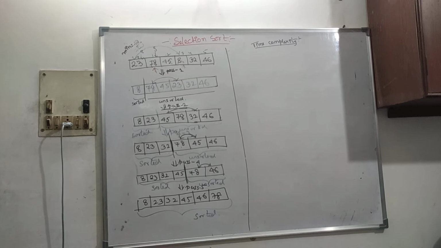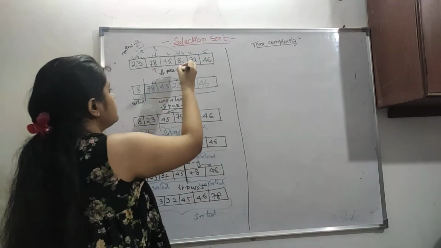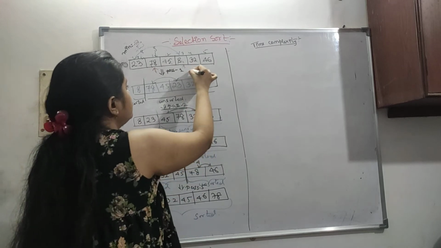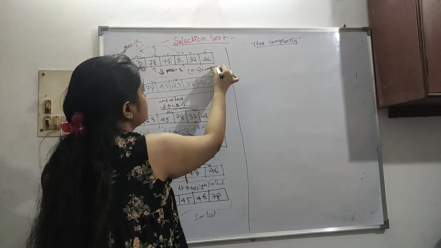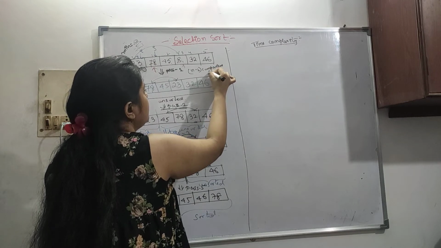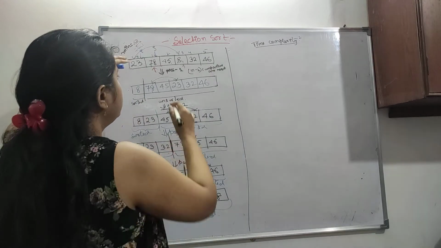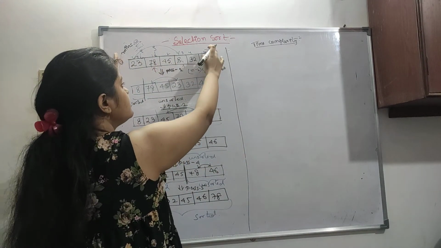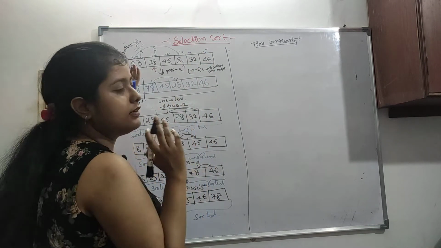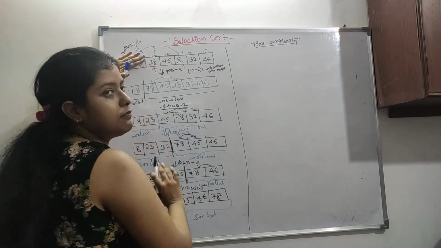Now let's see the time complexity. Okay. So here in this pass one, we can say n minus 1 comparisons are required. How are we saying this? Let's say, see, total n elements are there. This array contains n integers. So how many comparisons are required? 23 was the minimum, we have seen.